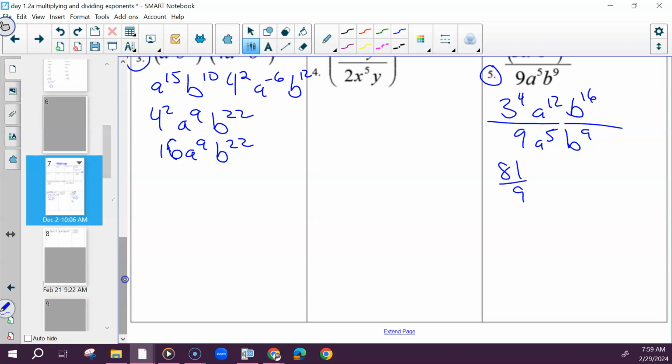And then we're doing what with the exponents? Subtracting. So 12 minus 5 would give us 7. 16 minus 9, also 7. We divide 9. So 9a to the 7th, b to the 7th.